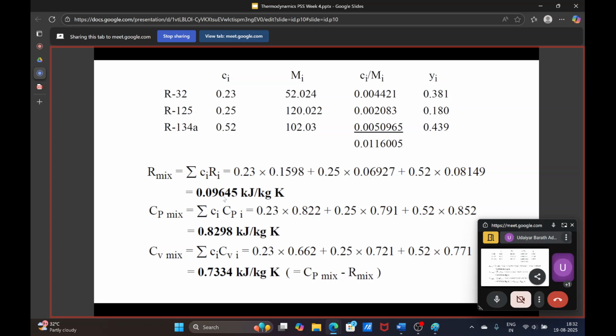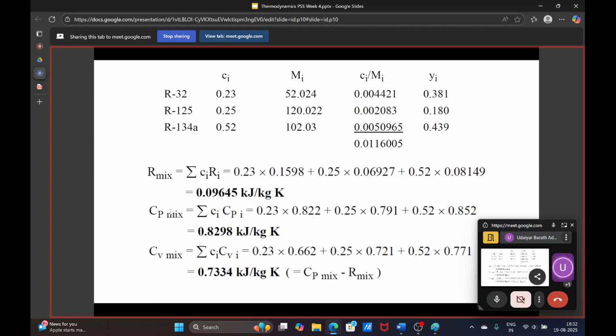Similarly we can do it for Cp and Cv, the specific heats. Cp is again the summation of your mass fraction into Cpi. This is in kilojoule per kg Kelvin. If it is in kilojoule per kilomole Kelvin, you should be careful: you should be using the mole fractions and not the mass fractions.